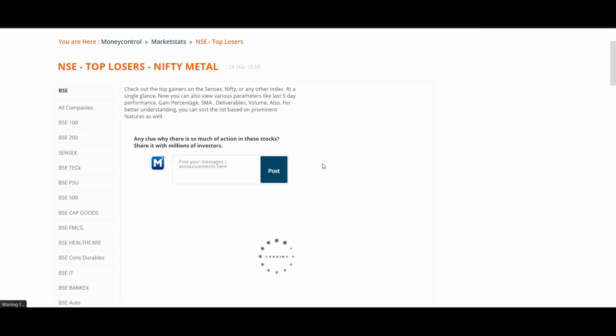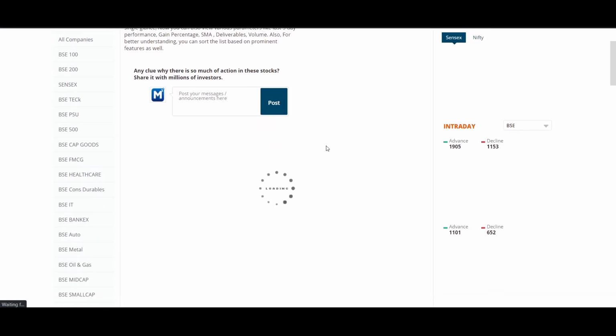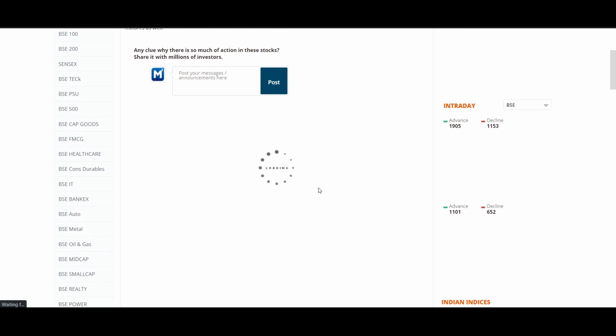Out of Nifty Metals, I have taken JSW Steel, right? As I saw, the majority of the Nifty Metal stocks were in a loss and were bearish. So that's why I shortlisted JSW Steel, as it is in a decline trend, and I could see it forming tomorrow.